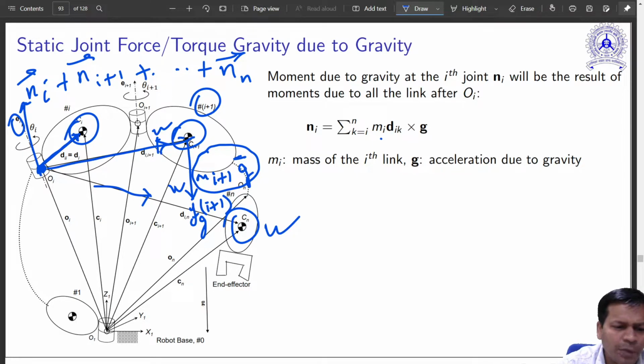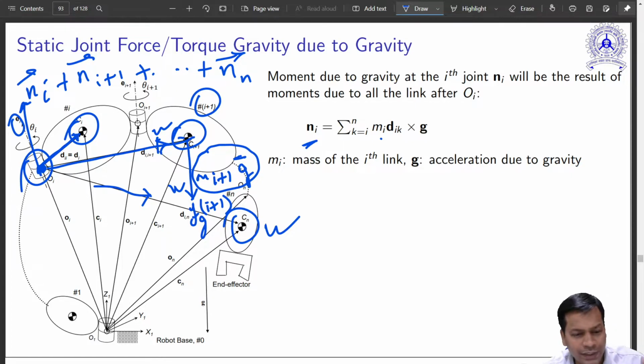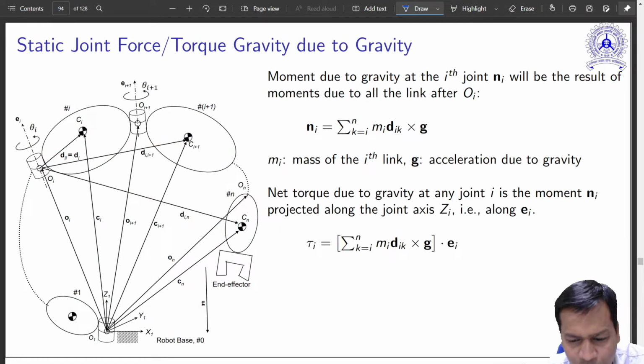So the sum of all moments will be the resultant moment acting at the ith joint. So this joint. That is just the moment, it is not torque. So how much is torque? Let me do that again.